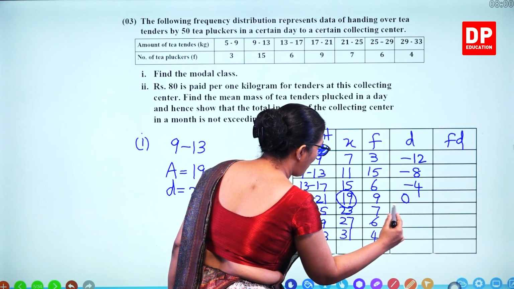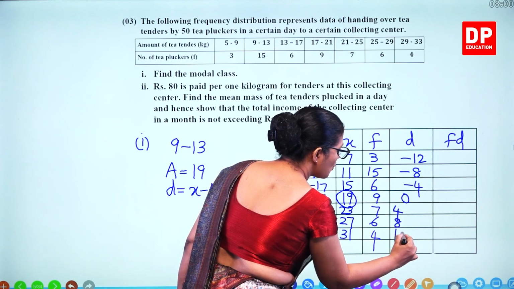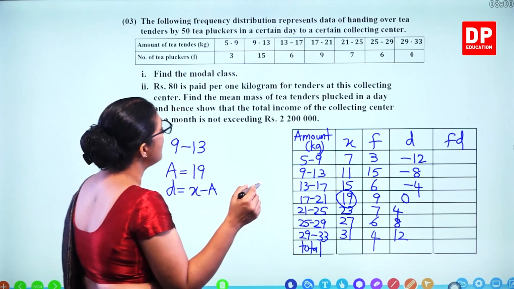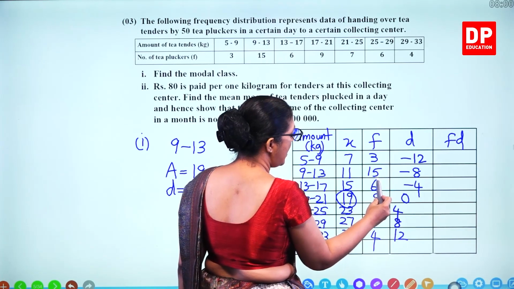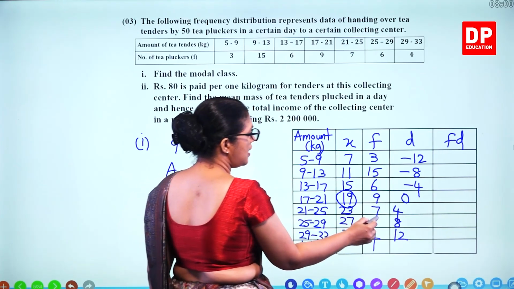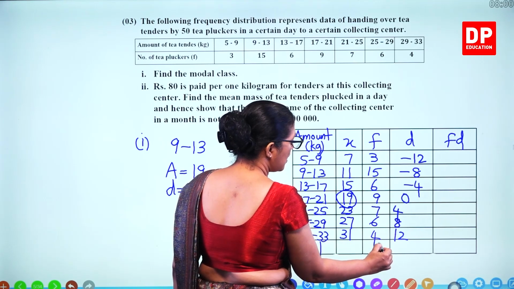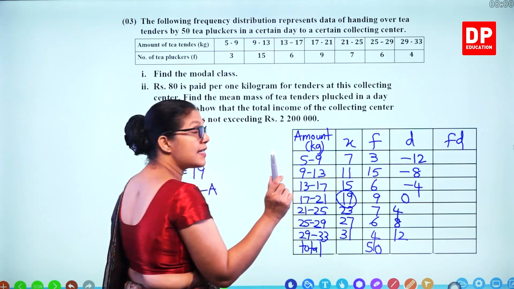Here it's positive: 4, 8, 12. And what's the total frequency? It's given as 50. Check whether it's 50: 8, 14, 20, 29, 30, 36, 40 and this is 50. That's correct. Now multiply F and D.